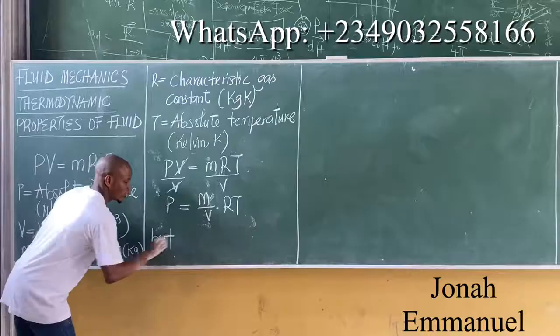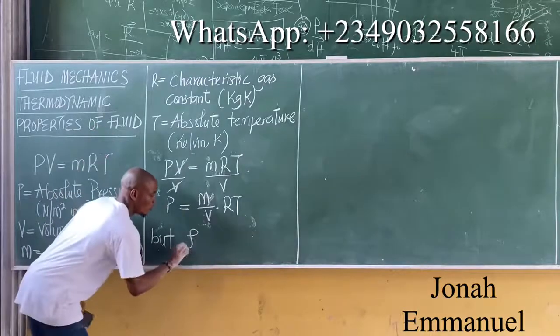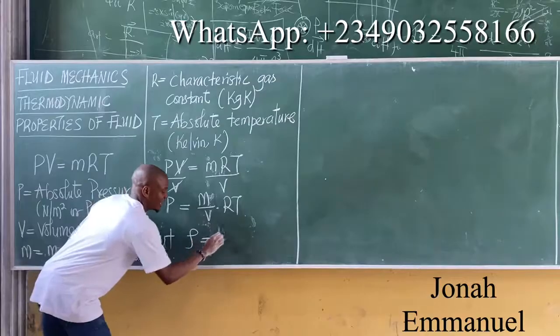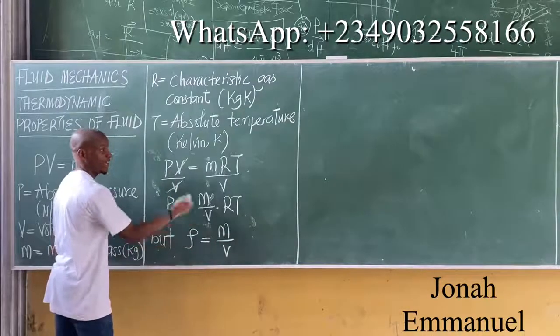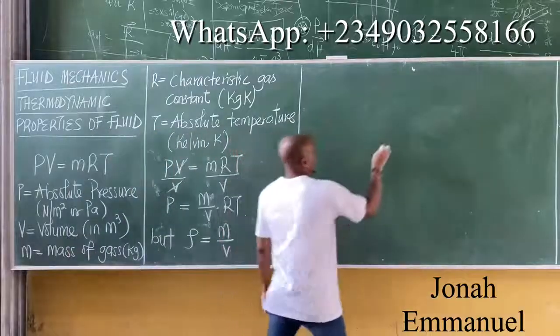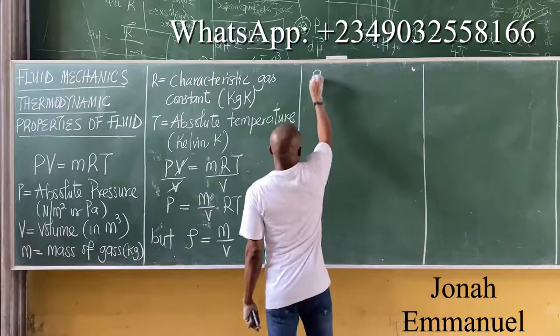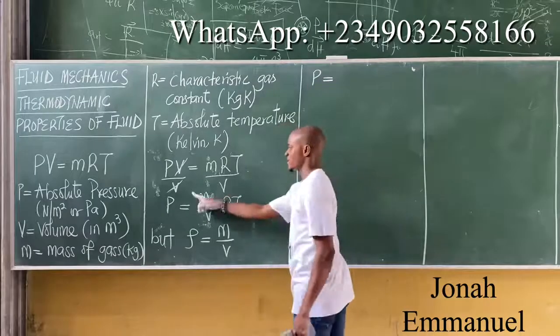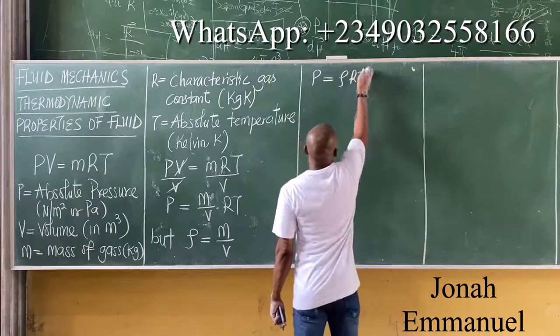Now, if you remember from our first class on properties of fluid, we have something called the mass density or specific mass, which is rho, equal to mass over volume. Replace this here. It means that pressure is equal to rho RT.